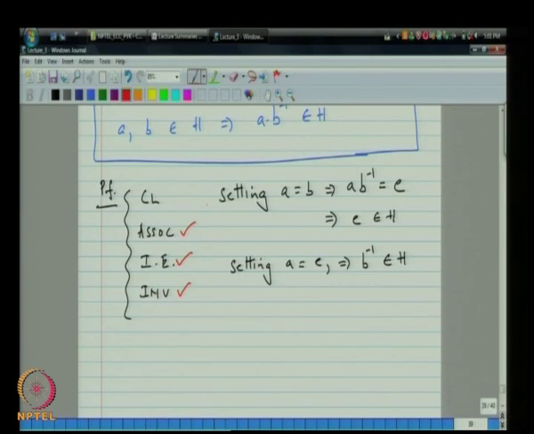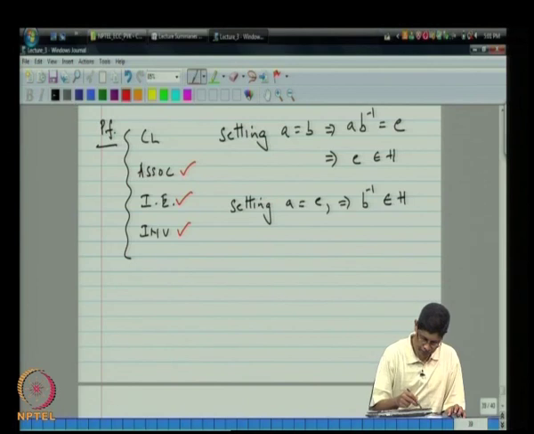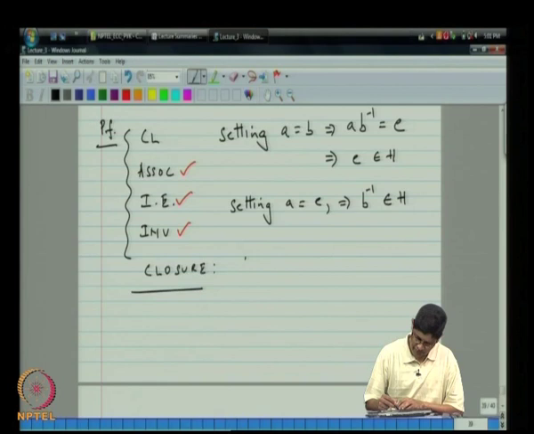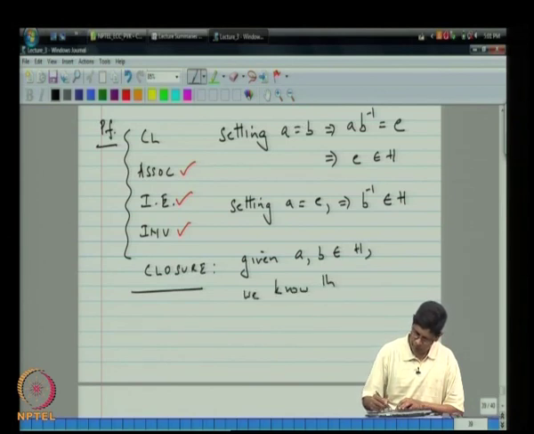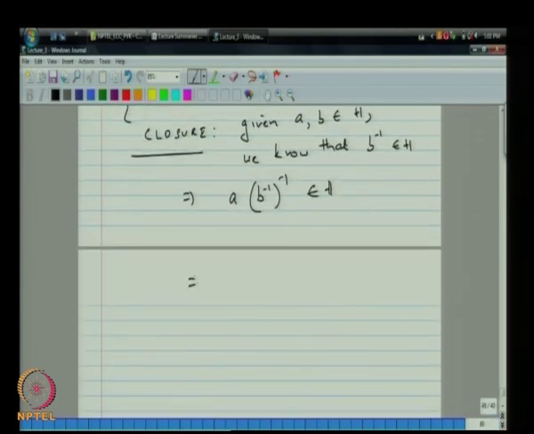Now we come down to the question of closure. Closure means that given that A and B are in H, you have to show that A times B is in H. For closure, given A, B in H, we know that B inverse belongs to H, which implies that A times B inverse inverse belongs to H, which of course implies that A times B belongs to H, and we are done.